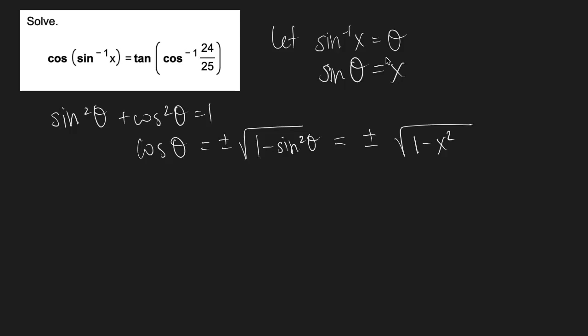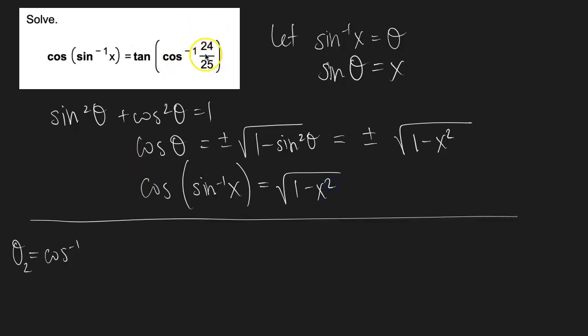Now, if I apply the cosine on that interval, the cosine would have to be positive or 0. In other words, I will not consider the negative square root. So I'm only going to keep the positive. So we end up with the left side of that equation up here at the top is equal to the square root of 1 minus x squared.